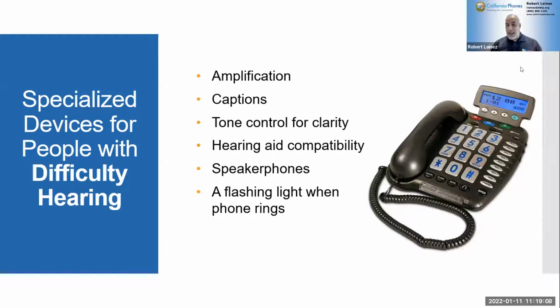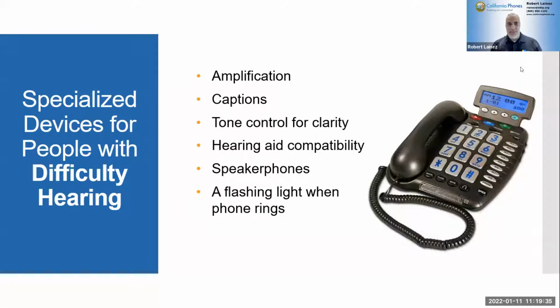Now, we provide what we call a set, okay? So when I mean a set, it means that we provide you a phone and one accessory. And that accessory could be an amplifier for your cell phone, but also a landline phone. It could be a landline phone, but also it could be maybe a louder ringer, or it could be a lamp flasher.